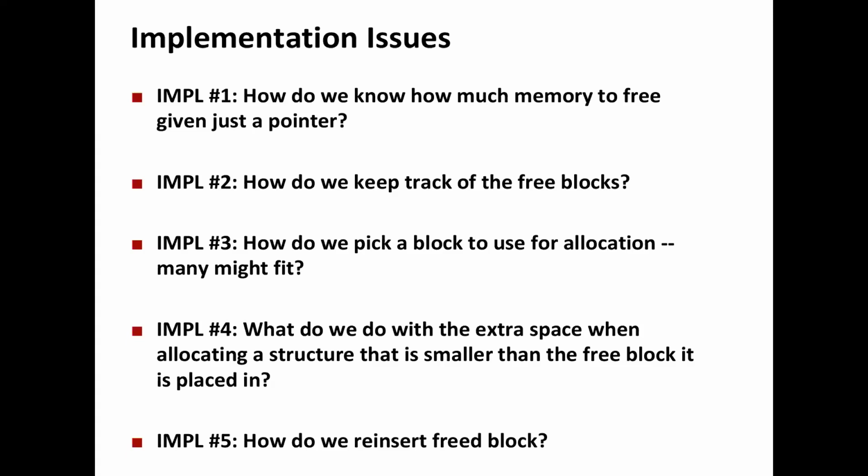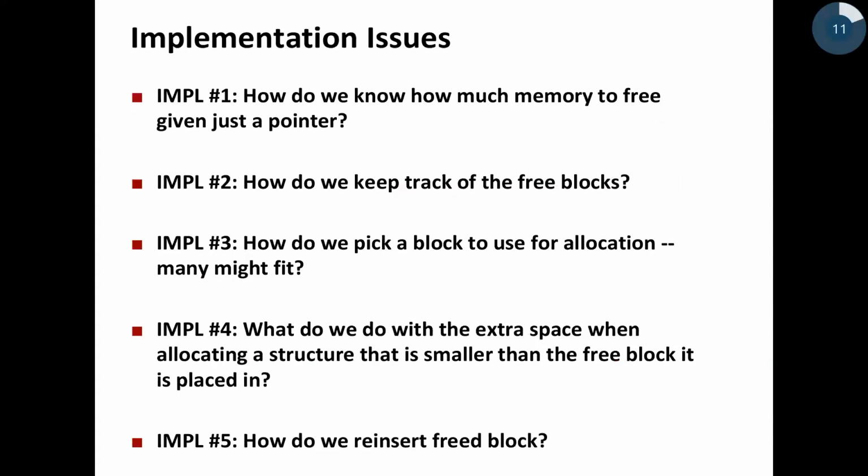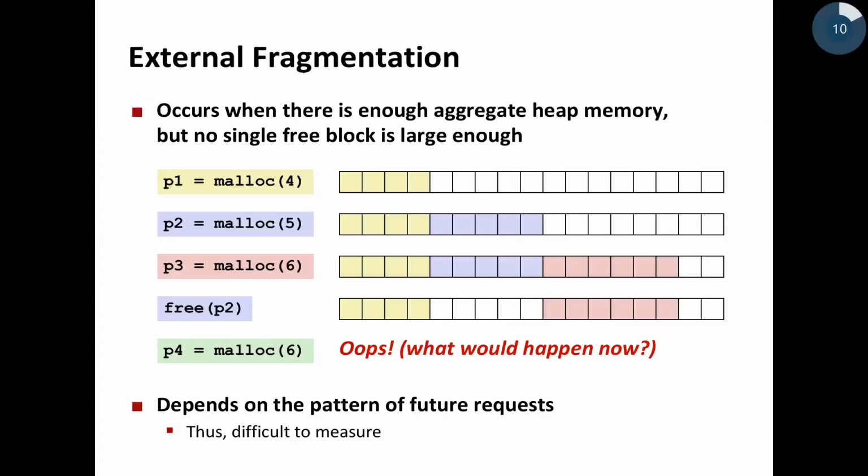So how do we pick a block to use for allocation? Many might fit, and again there are so many strategies. It's not the only possibility to allocate 5 bytes after 4 bytes. I can allocate it at the end, or in the middle. What do we do with extra space when allocating a structure that is smaller than the free block it's placed in?